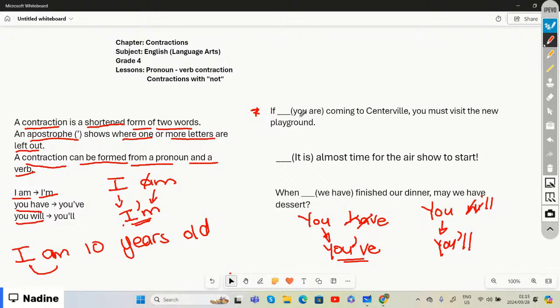You are. How are we going to shorten this word you are? Keeping in mind that you, which is the pronoun, stays the same. So if you are coming to Centerville, you must visit the new playground. How are we going to shorten that word? What is the contraction of you are?